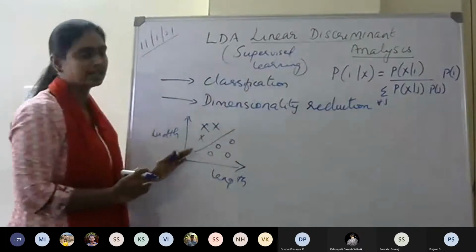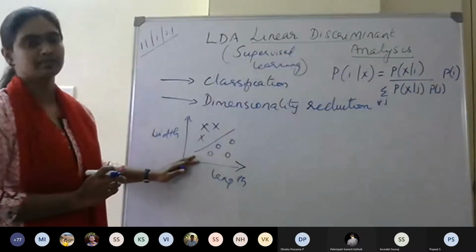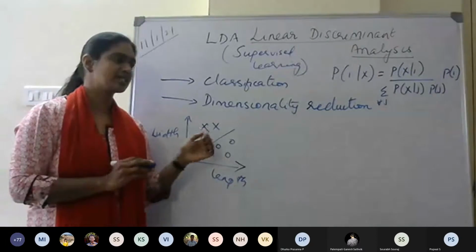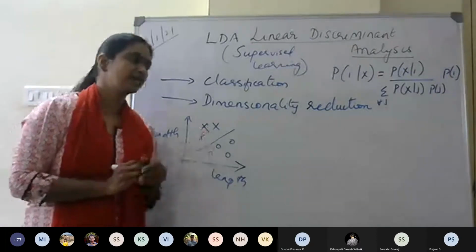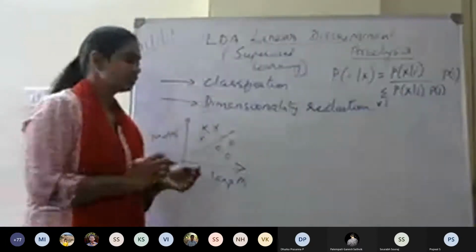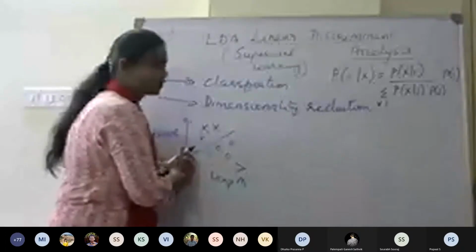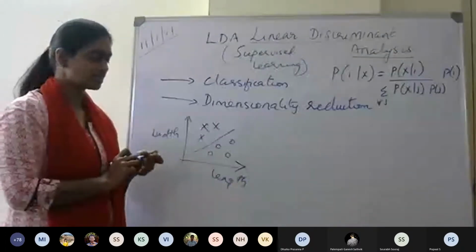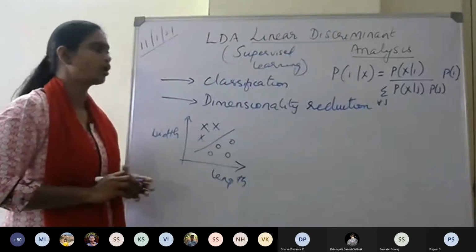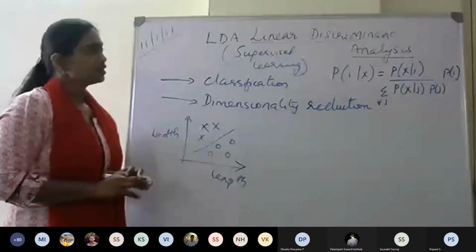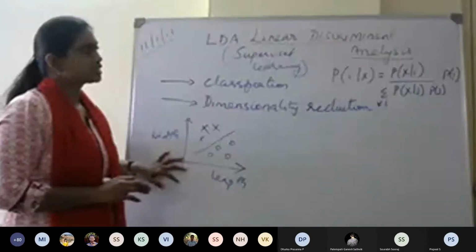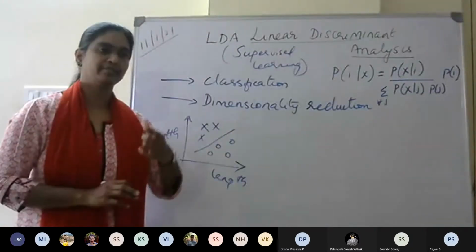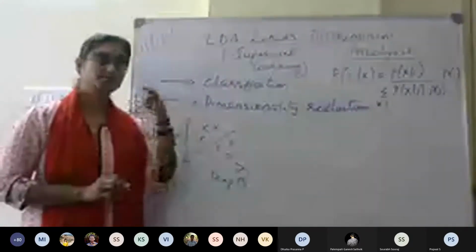I can draw a line, which we call a linear separable line, to separate the objects of two classes. In logistic regression also, we have seen a line which can separate the classes of two different objects.